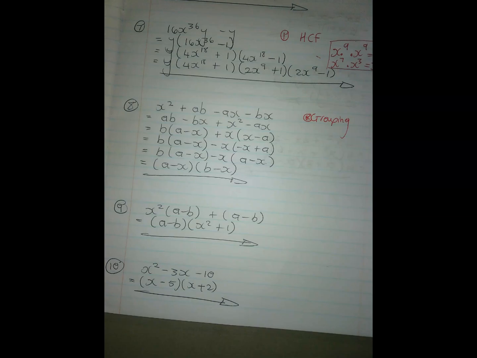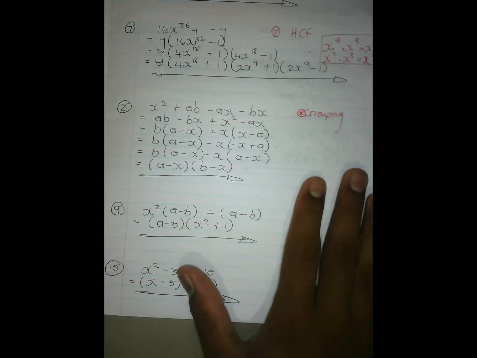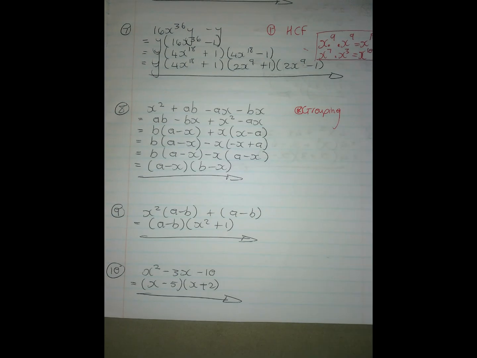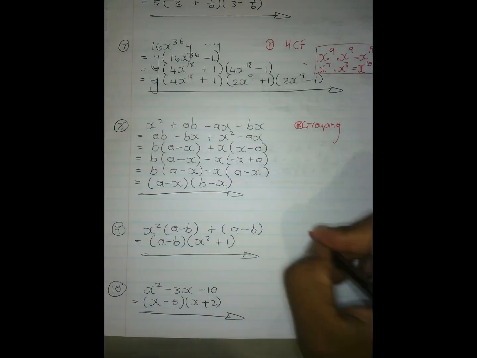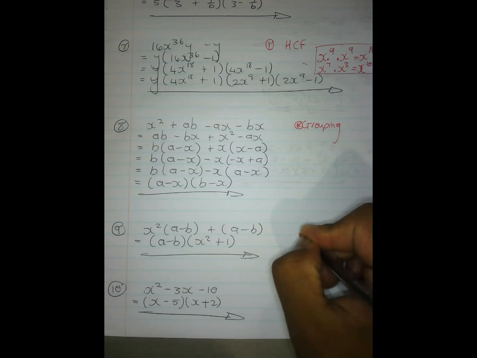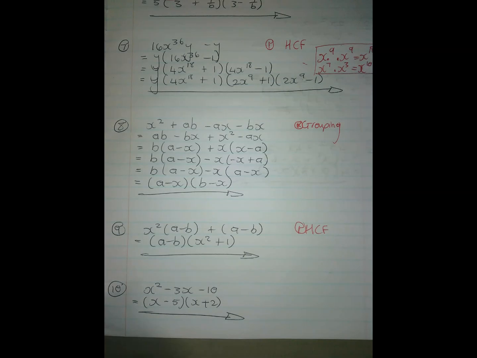Okay. Number 9. By now, our eye must be trained to see that we have a highest common factor. So that's the first thing we look for. There are not 4 terms, so that's the first thing we look for.